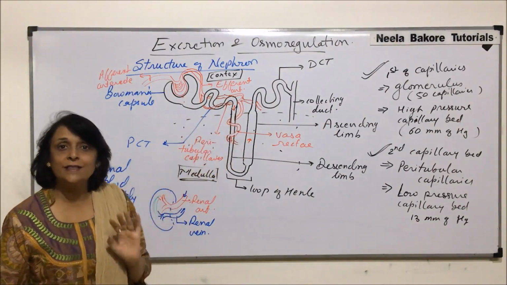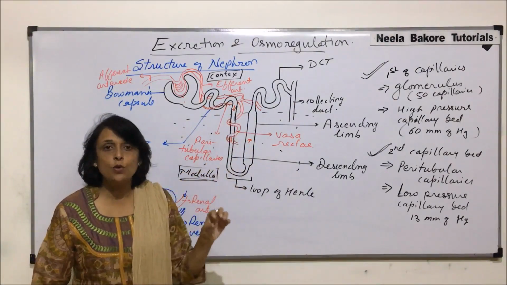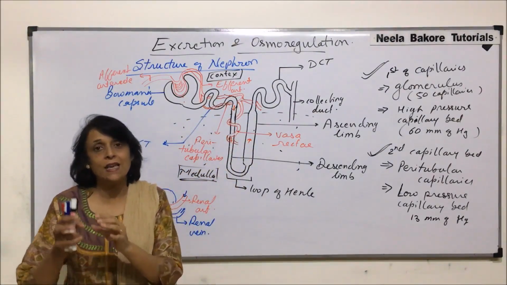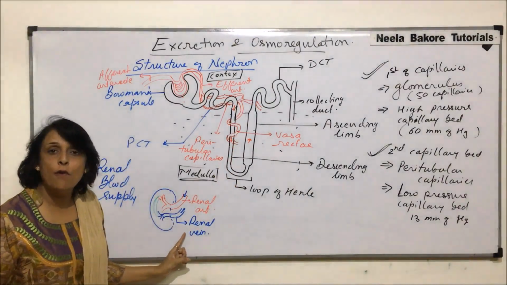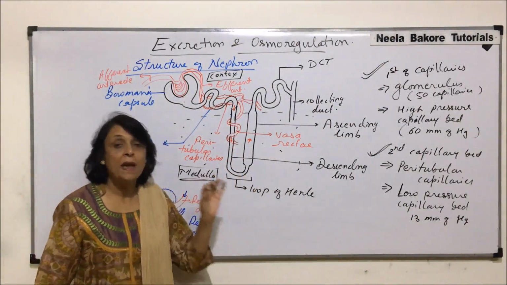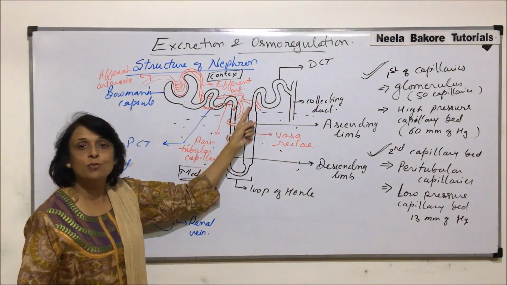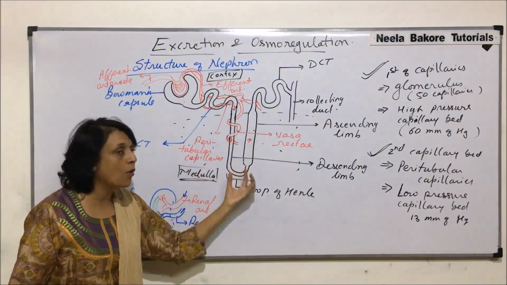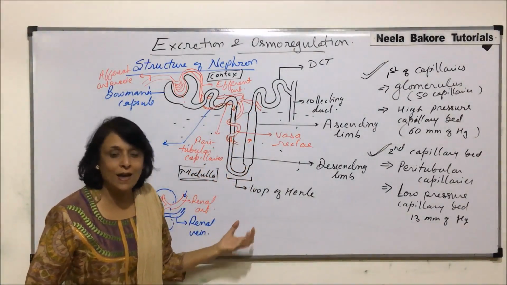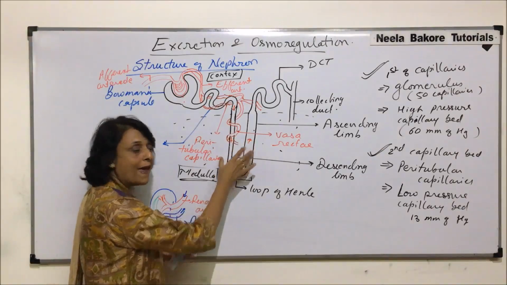In cortical nephrons, the peritubular capillaries would rejoin to form veins and finally would form the renal vein, and this is how the blood is going to come out. But in juxtamedullary nephrons, some peritubular capillaries go deeper into the medulla and surround the loop of Henle.